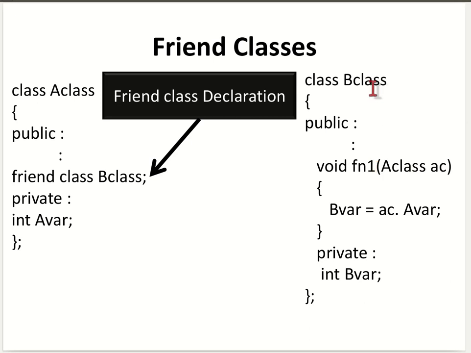It can access the private variable avar inside it, using ac.avar inside the fn1 present in B class. But the A class functions cannot access any of B's private variables, whereas B class can access the A class's private as well as protected variables.